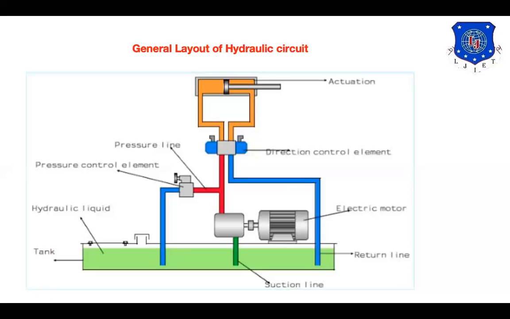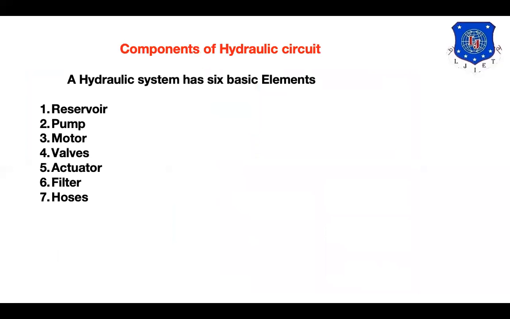Now let us understand in detail the function of each and every element. Normally, as you have seen, we have 7 different elements in our complete hydraulic circuit. First one is a reservoir, second one is a pump, third one is a motor, fourth one is valves. Whenever we talk about a valve, we have 3 different types of valve.